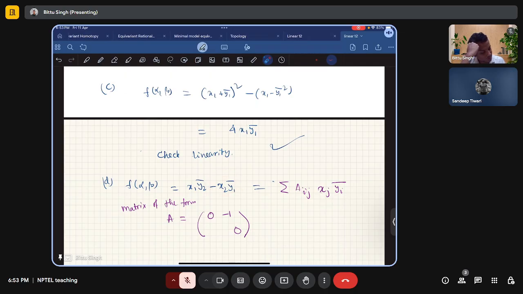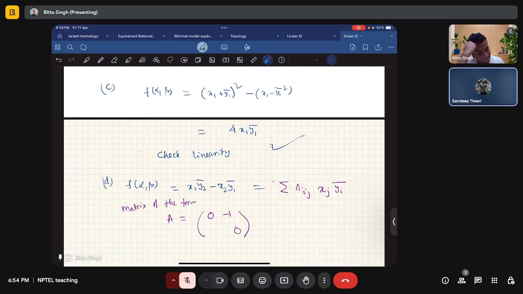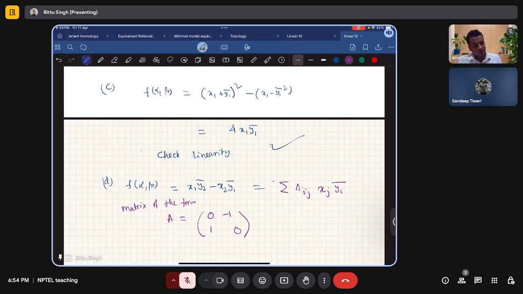So this will be 2, this will be 1. So it is opposite to whatever we choose. So we have to check the image of 1 0, 0 1, using E1 and E2.